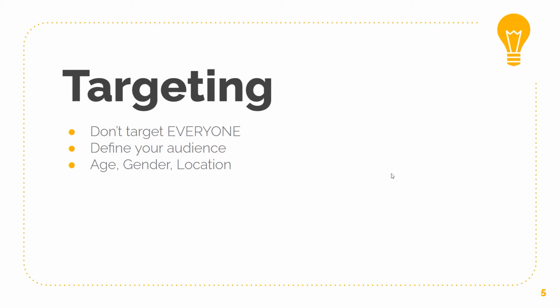You need to know exactly who you want to reach. Otherwise, if you leave it as it is and you target everyone in your city, for example, or in your country, there will be too many people. Facebook won't deliver your ad properly, and either your leads will be expensive or you won't get enough leads.